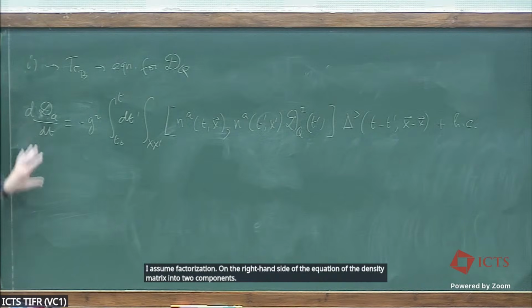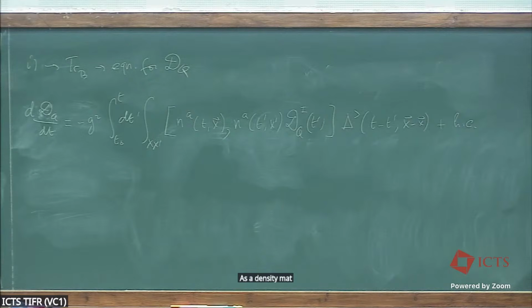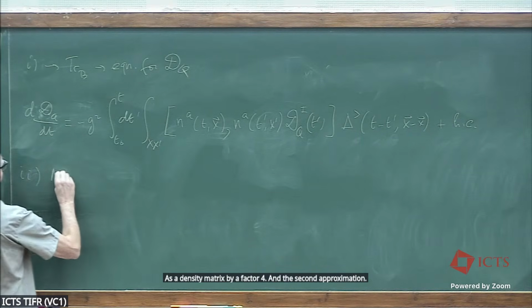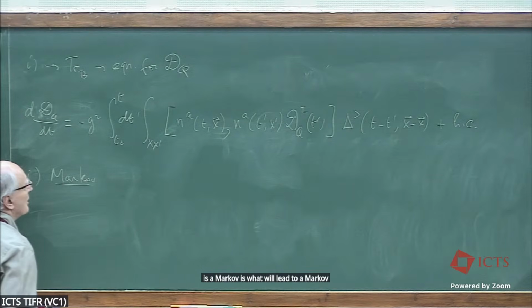Of course, the final result is not a factorized form, but on the right-hand side, I can approximate the density matrix by a factorized form. And the second approximation is what will lead to a Markov equation.